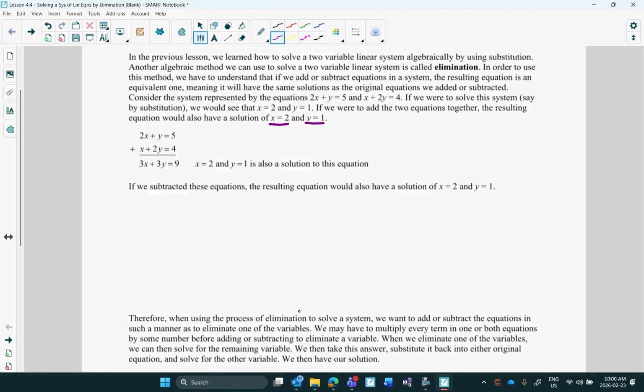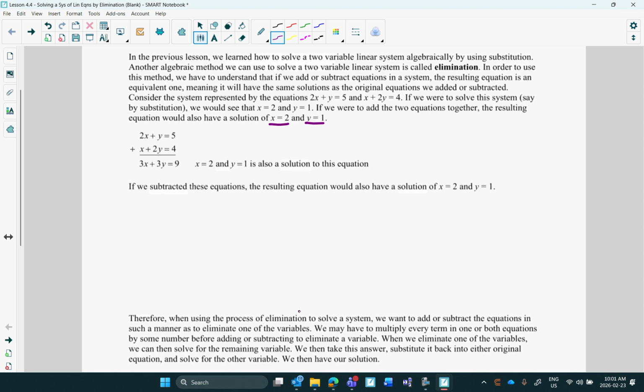Which makes sense because 2 times 2 is 4, plus 1 is 5. 2 plus 2 times 1 is 4. If you add those two equations together, add the x's, add the y's, add the constants, you get 3x plus 3y equals 9, 2 and 1 work in that one.